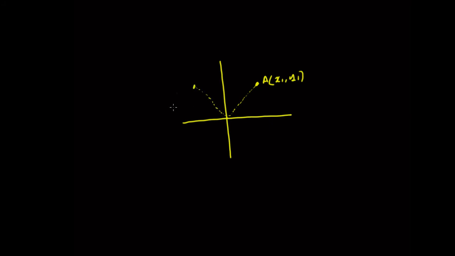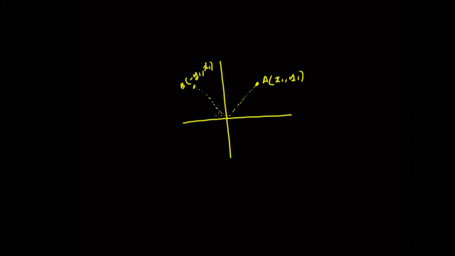This point here, we call that point B, is going to go to the point minus y1, x1, if that's sitting at 90 degrees.